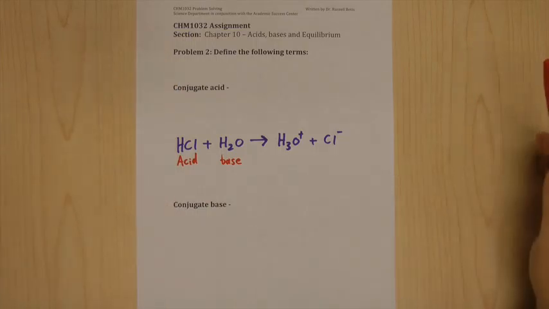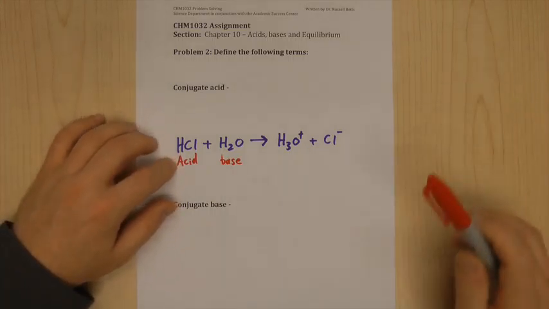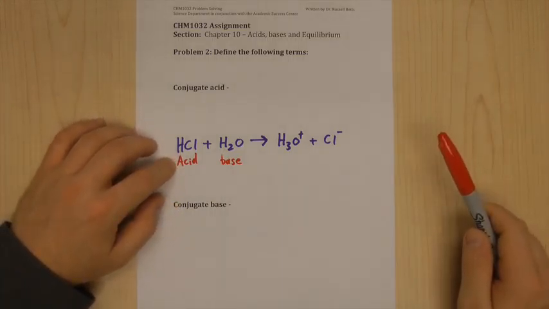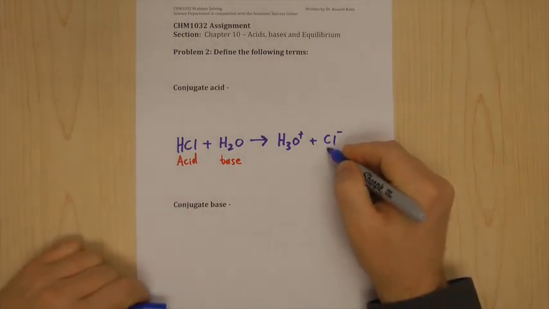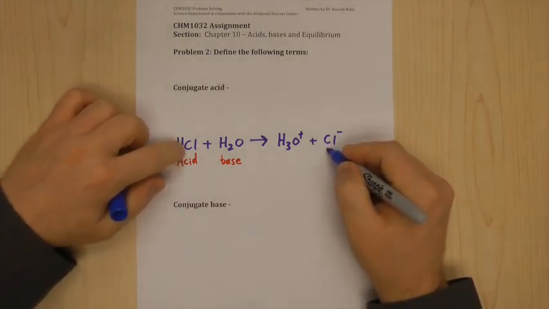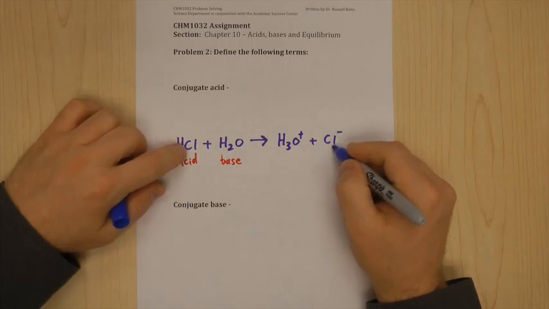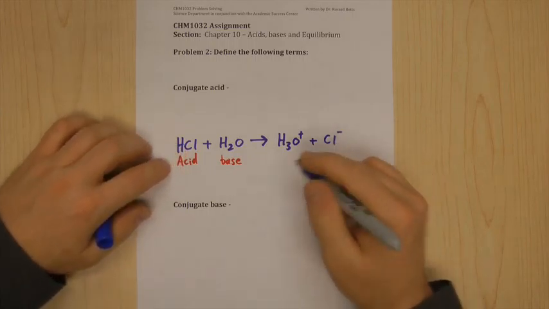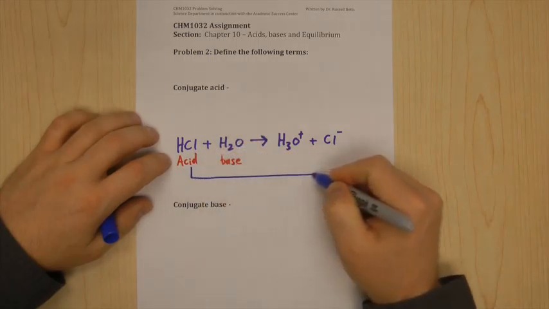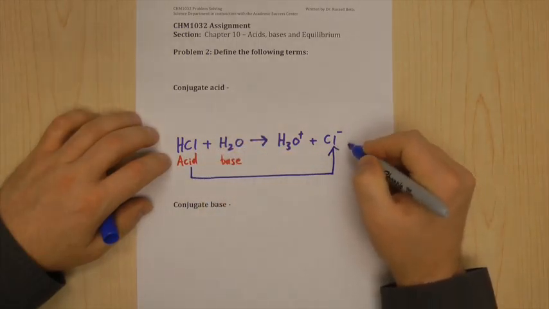But think of them as pairs. An acid will always have a conjugate base. So over here, this is the conjugate base, because this chlorine over here is the chlorine over here. So these are paired.